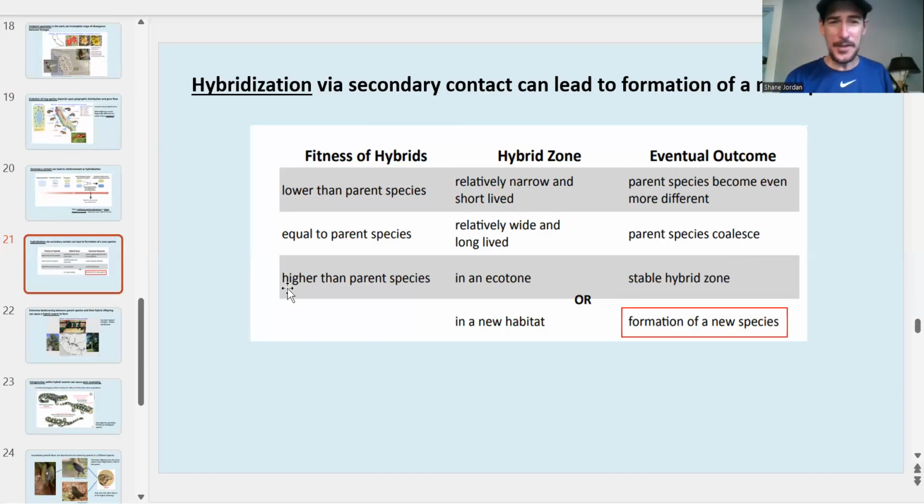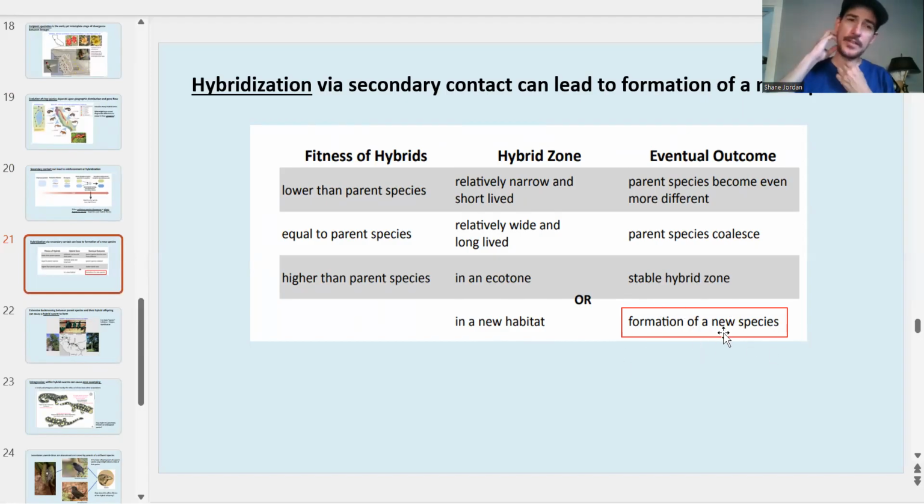However, if the fitness of the hybrids turns out to be higher than that of the parent species, and it happens in something we call an ecotone, which is basically where two different kinds of habitats overlap, like a shrubland overlapping with a forest, or if this even happens in an entirely new habitat, we could either see again a stable hybrid zone, but particularly in the context of this happening in a new habitat, we could see the formation of a new species.